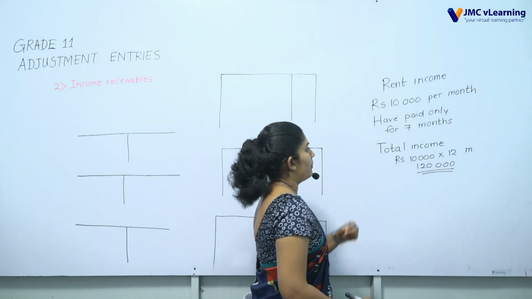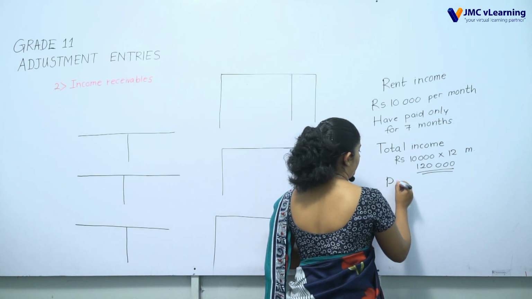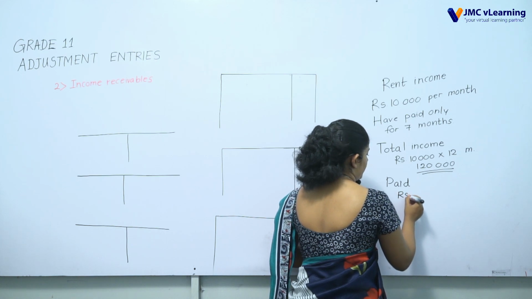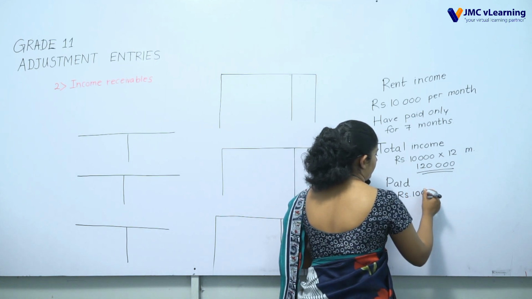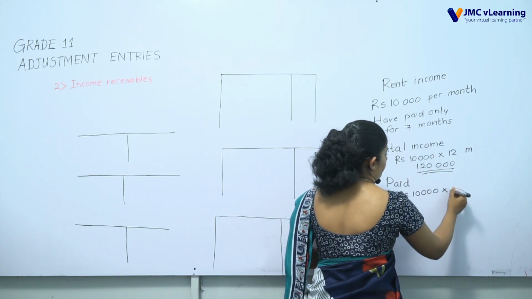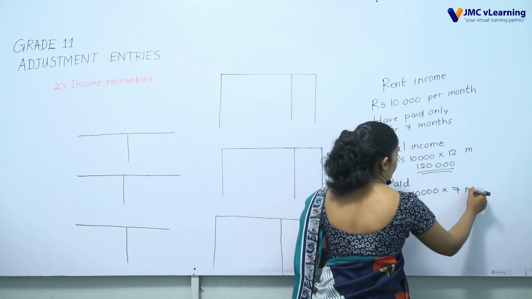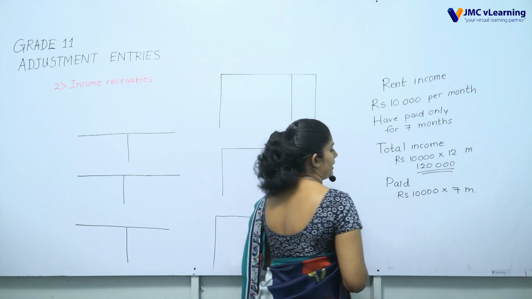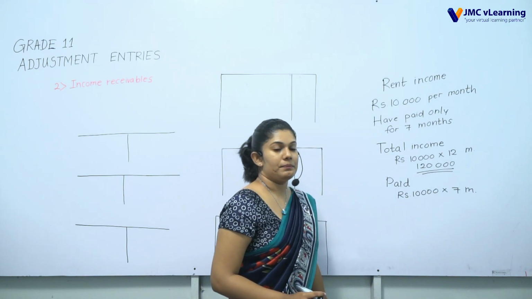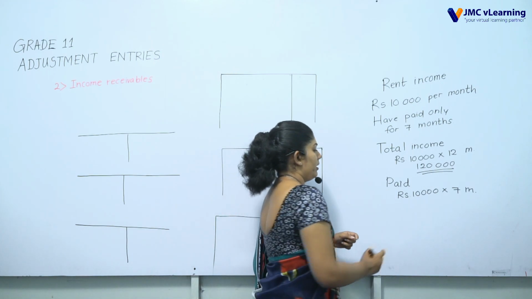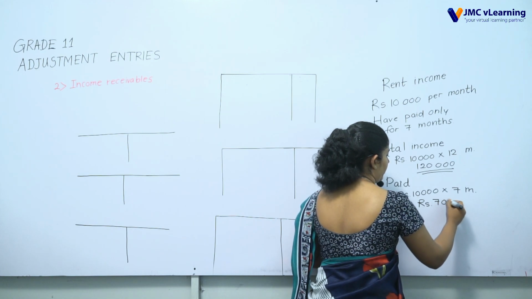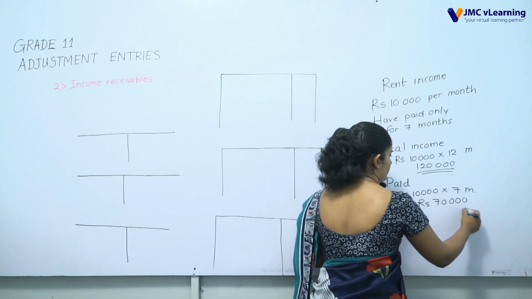And payment paid, 10,000 into 7. I have changed it to 7 months. Then we have received 70,000.